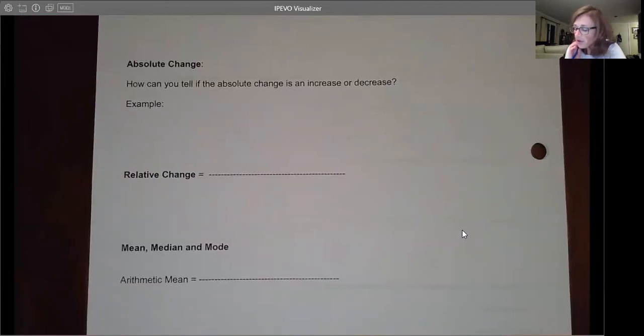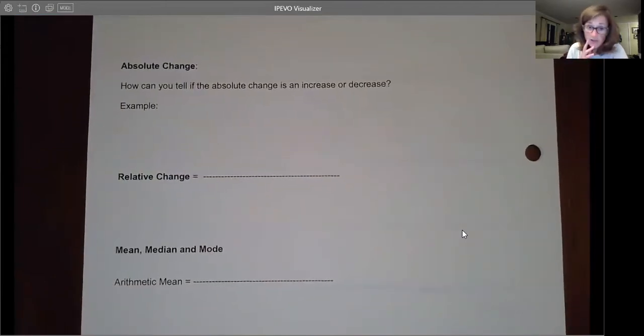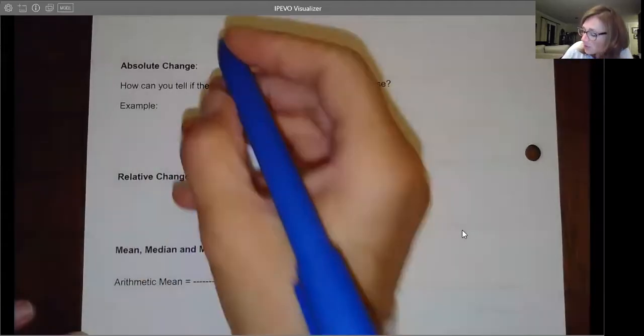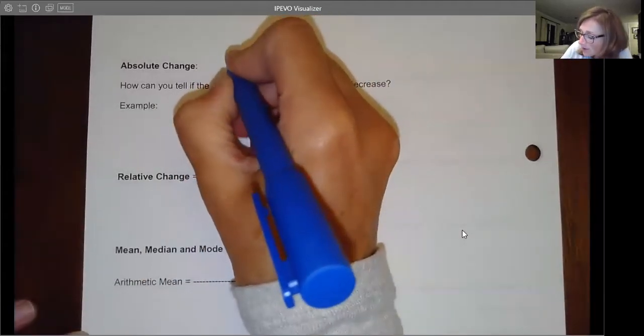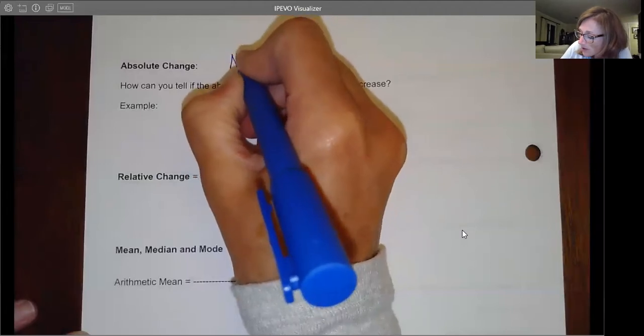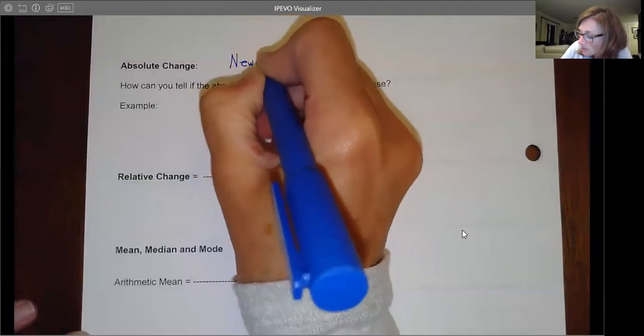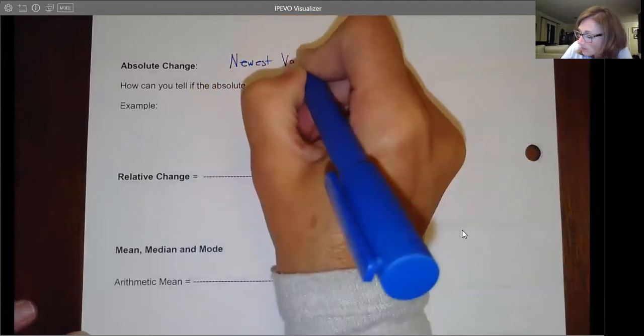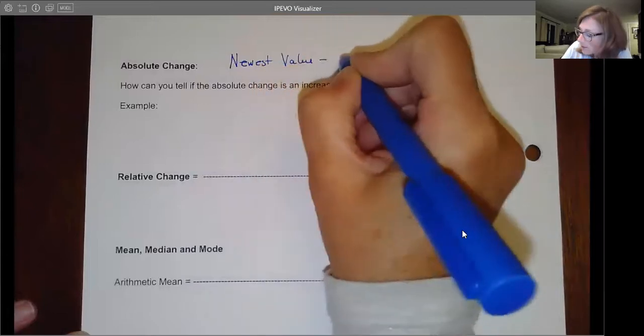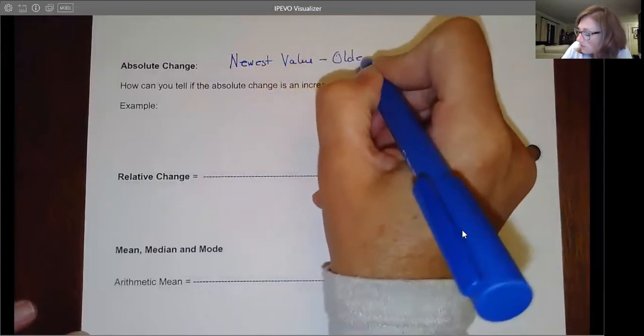The other things that we've been working on were absolute change and relative change. So I thought we should review that. Absolute change, remember, was the newest value, or the most recent, minus the older value.